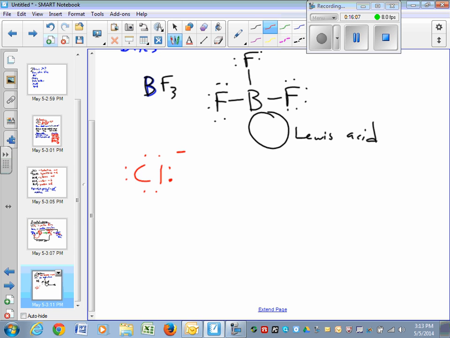It gets one more to have a -1 charge. The chloride ion has an electron pair that can be donated. And that makes chloride a Lewis base.